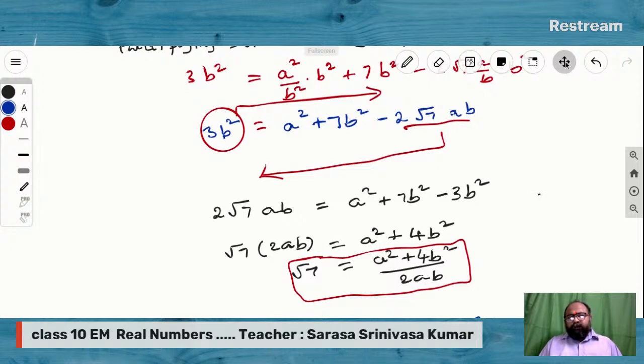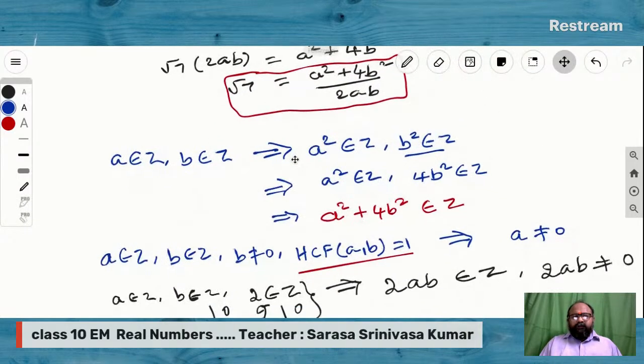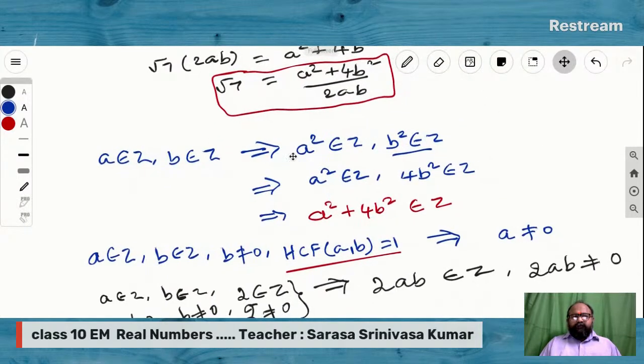Now we apply mathematical logic to prove that a square plus 4b square by 2ab, that is the right hand side term of this equation, is a rational number. To prove this, we continue our mathematical argument. a and b are integers.